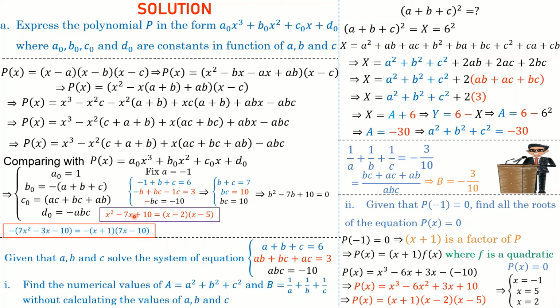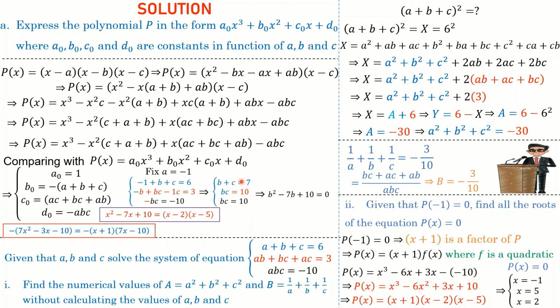So we see that we can rewrite this in function of b. We can write it as b squared minus 7b plus 10 equal to 0, or in function of c it is going to be c squared minus 7c plus 10 equal to 0. We can see it clearly.